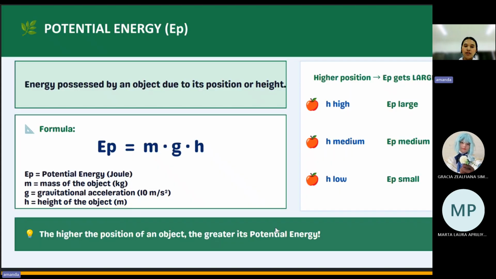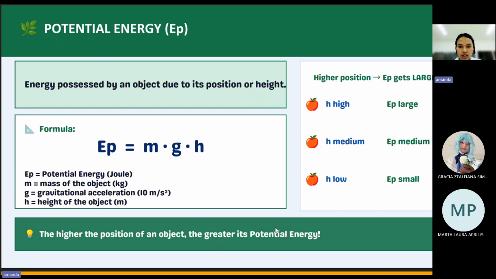The next slide about potential energy. Now, let's break down the 2 components, starting with potential energy or energy potential. This is the energy possessed by an object due to its position or height. The formula is energy potential equals m times g times h.